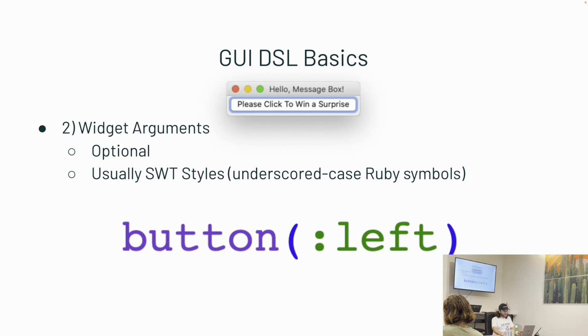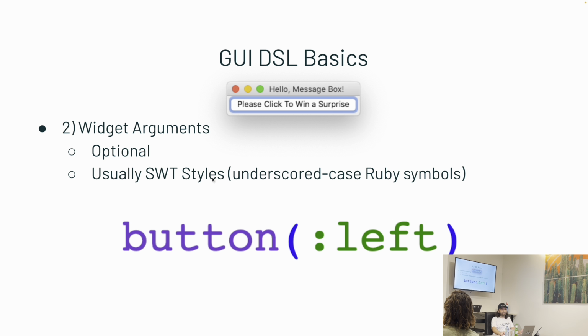The next thing you want to learn, the second thing, is widget arguments. So widgets can optionally receive arguments. So if I want a button that has the text aligned left, I pass it a symbol that says left. In SWT, all widgets have a uniform API that receives something called SWT styles.